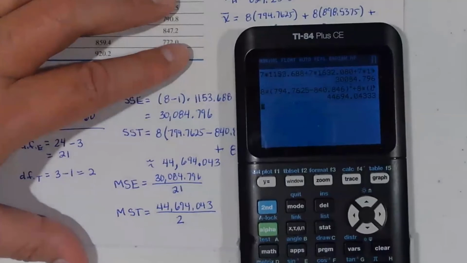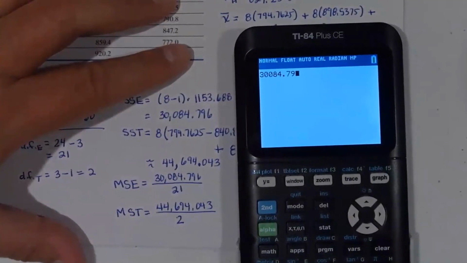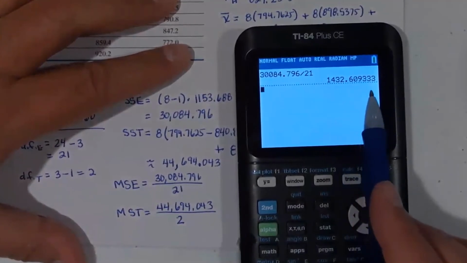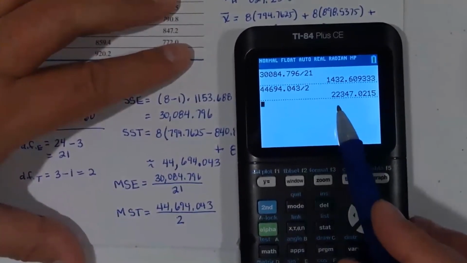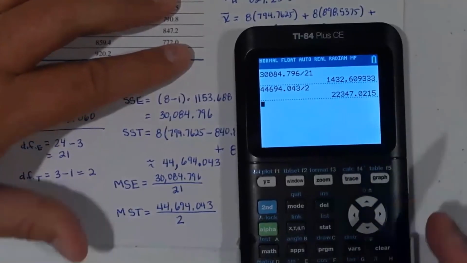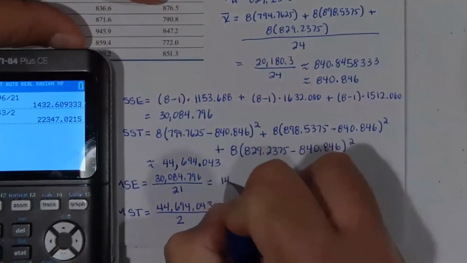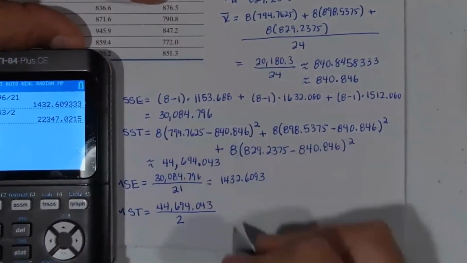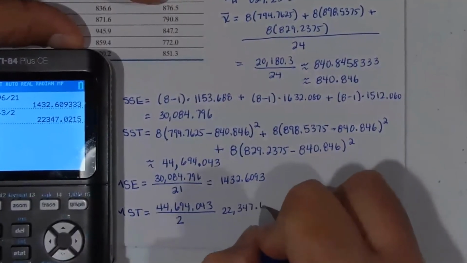So if I do those calculations, 30,084.796 divided by 21 is 1,432.6093, and 44,694.043 divided by 2 is 22,347.0215.